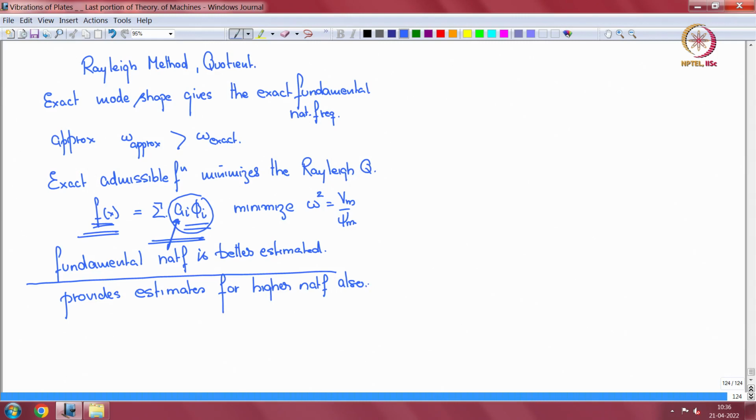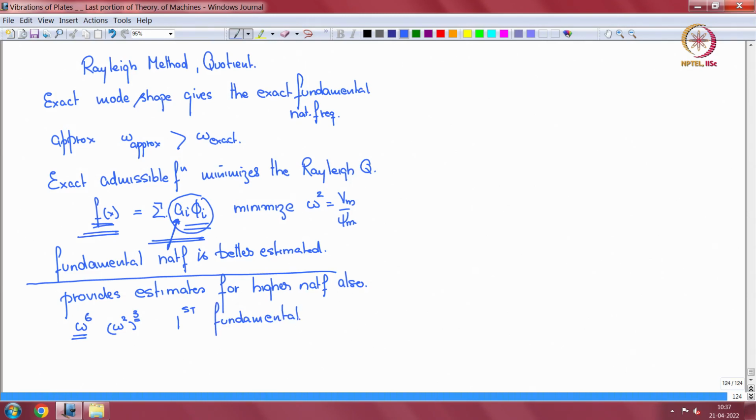When you do this, you end up with a set of matrix equations where there is omega. You have to take a determinant, and based on the size of the matrices, omega will have powers, either square, fourth power, sixth power, and so forth, and therefore you will have omega square times 3 natural frequencies. The first, of course, is an estimate of the fundamental, whereas the others are estimates of higher natural frequencies.